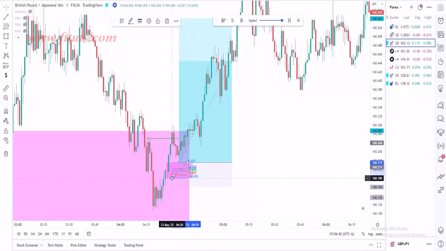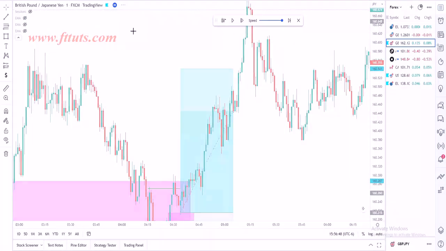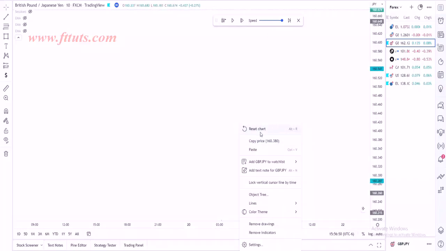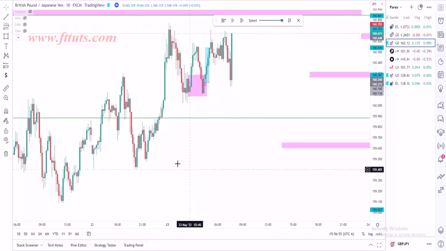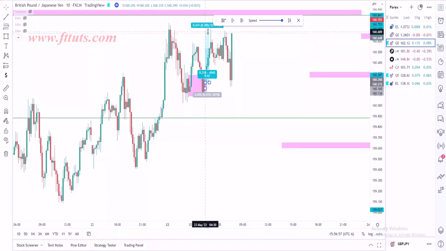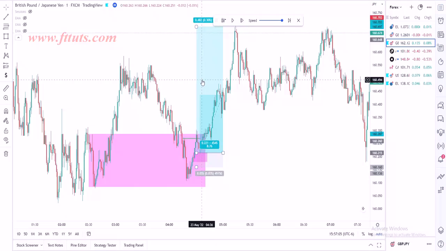Okay, so we got this one. And by the way, you can actually see here, let's go to the 10 minute and reset. Let's see. So if we were going for this recent 15-minute high, you can really see how you can get some big numbers with this method of trading.